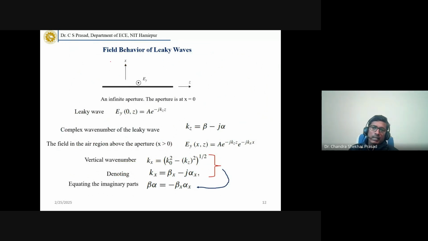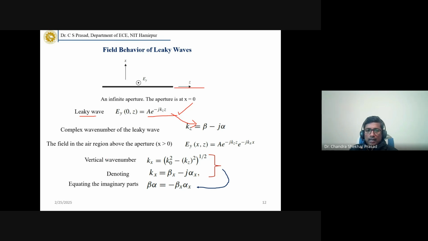Now see the field behavior of leaky waves. Here, let's say we have a two-dimensional case. That means this is the x and z plane, and the y-axis is perpendicular to this. So we can write a leaky wave that is propagating in the z direction, and the electric field is oriented in the y direction, in this form, where kz is the complex wave number, beta minus j alpha.